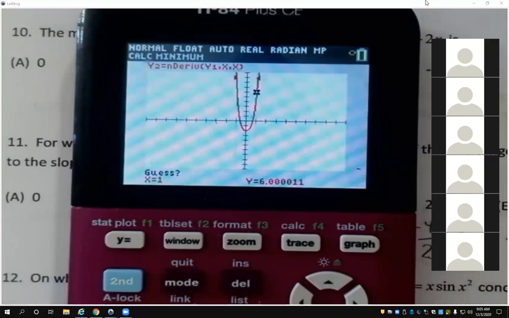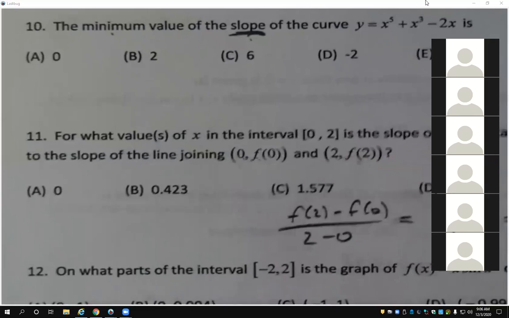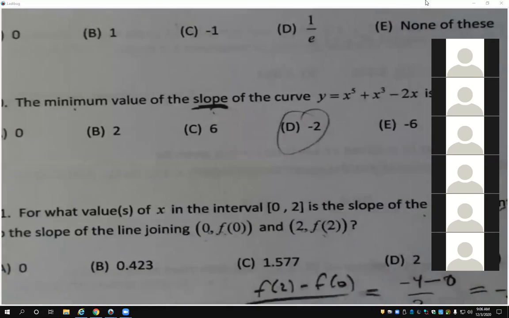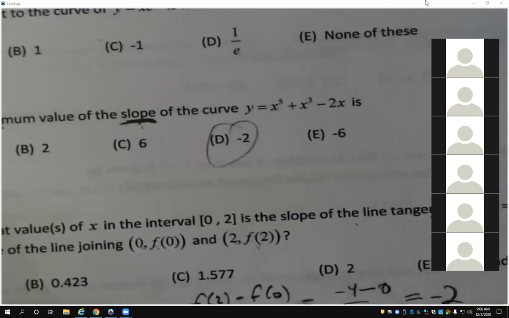And I just hit enter on guess, and it tells me it's at -1.99999, okay, which is -2. Answer D. All right, any others on this page?